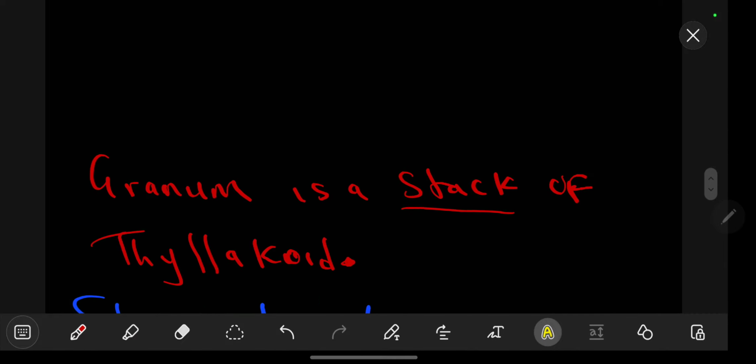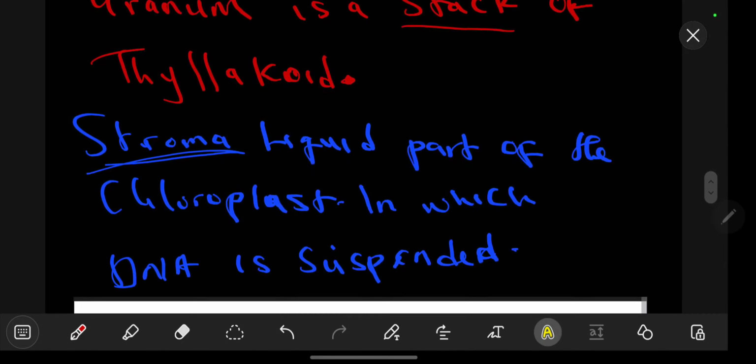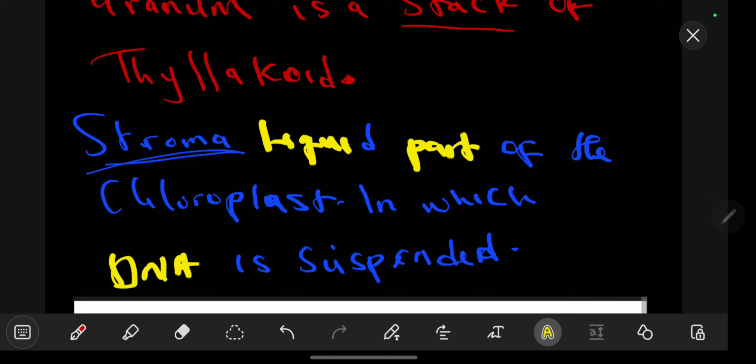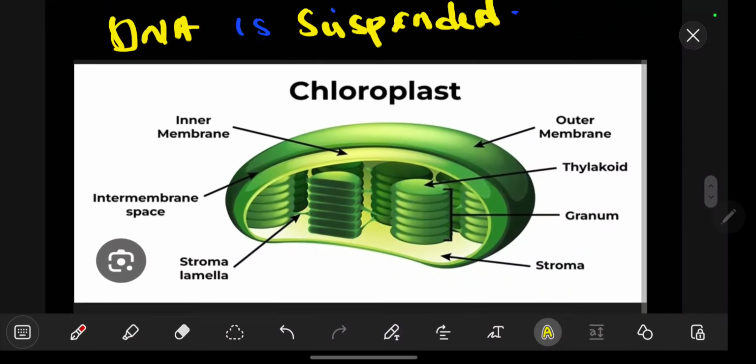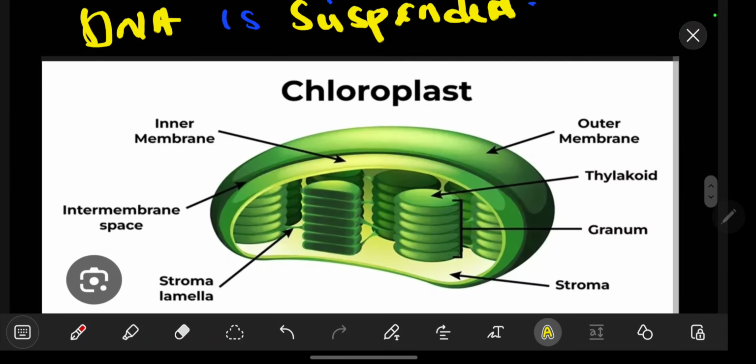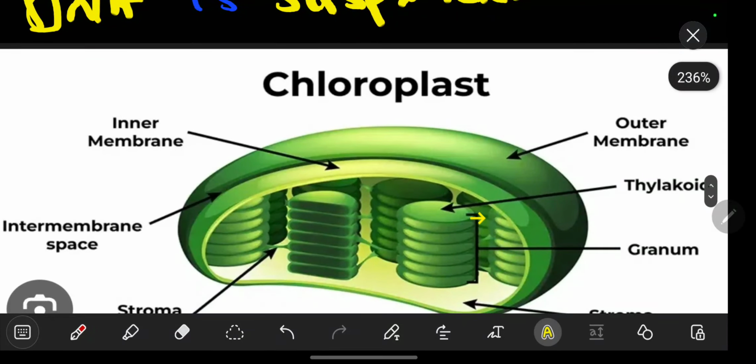Then we have our stroma, which is the liquid part of the chloroplast, where even the DNA is suspended. Remember what we said? This one has got its own DNA. So the chloroplast structure can be reviewed like this. We have the grana, which is the stack of our thylakoids.